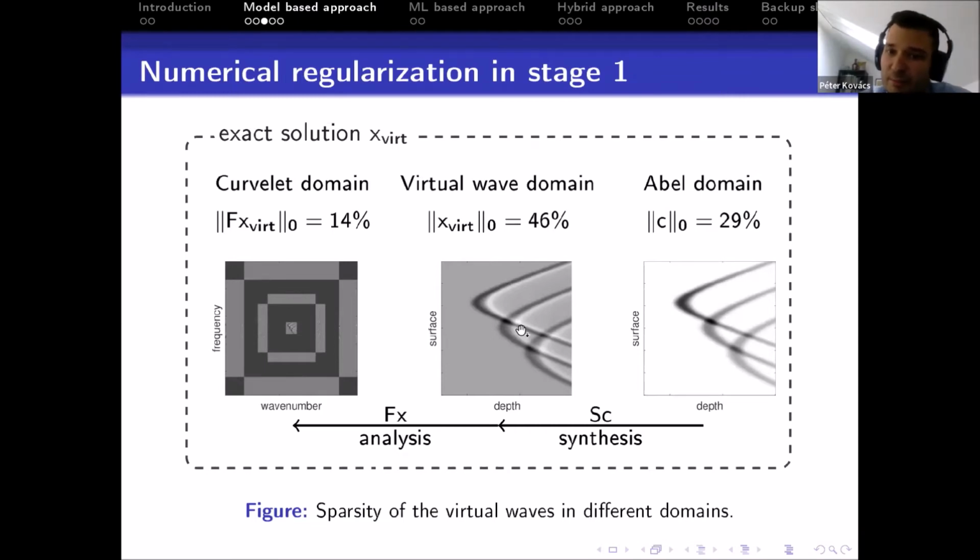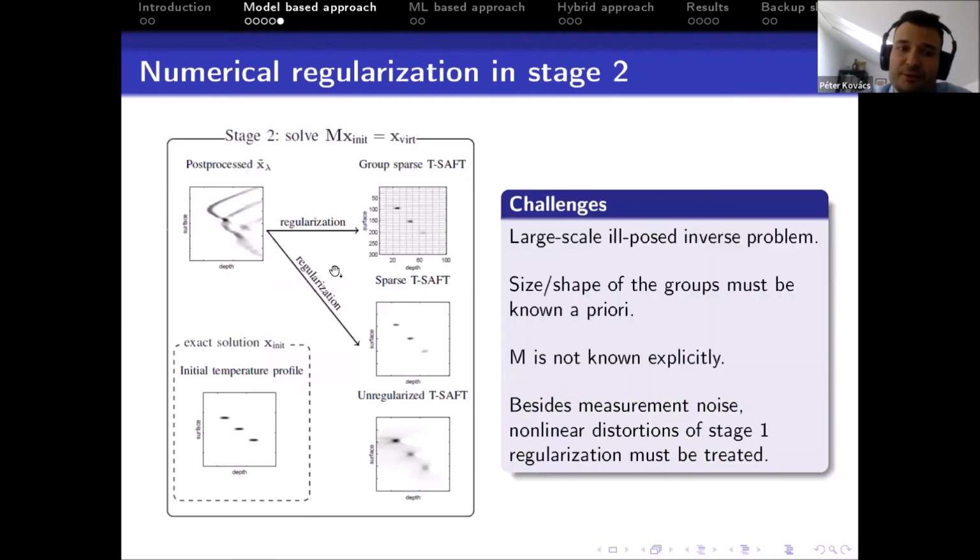We can simply approximate it during the first stage, and the approximation would look like this. Obviously, this is not perfect, especially deeper inside the specimen. And this nonlinear distortion that was introduced by the first reconstruction in the first stage should also be treated in the second stage.